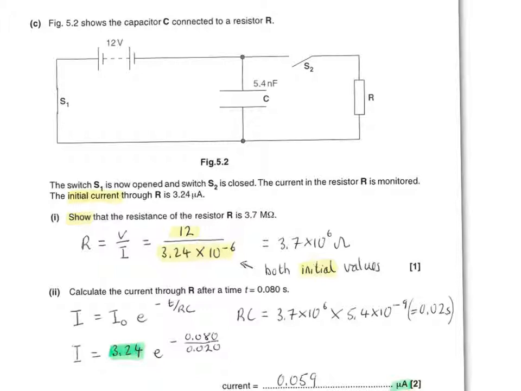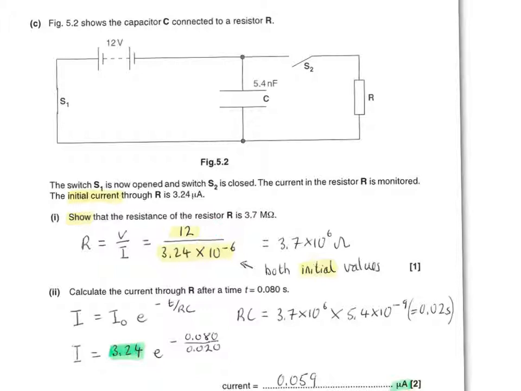We're told that the initial current is 3.24 microamps. We're now asked to show the value for the resistance of the resistor. Following the idea of initial current and the fact that resistance is always the ratio of potential difference to current, as long as we choose a pair of readings that belong together, we'll get the right answer.